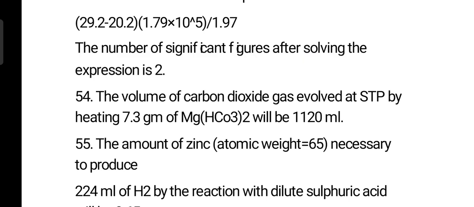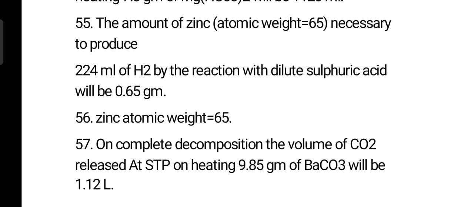The amount of zinc (atomic weight is equal to 65) necessary to produce 224 ml of H2 by the reaction with dilute sulfuric acid will be 0.65 gm.